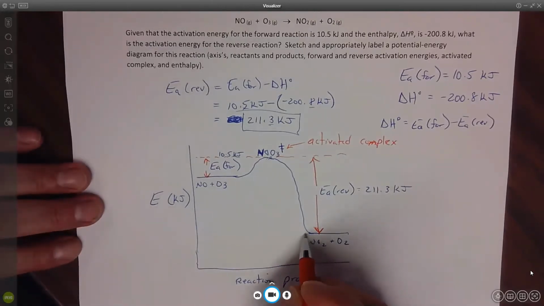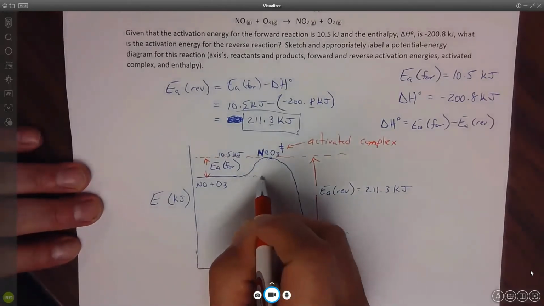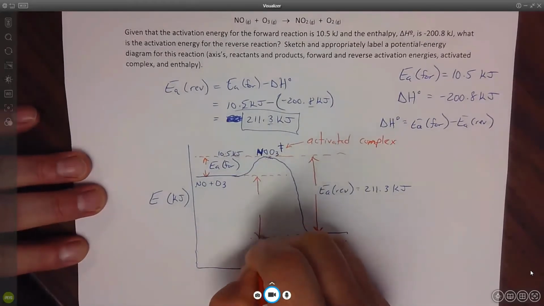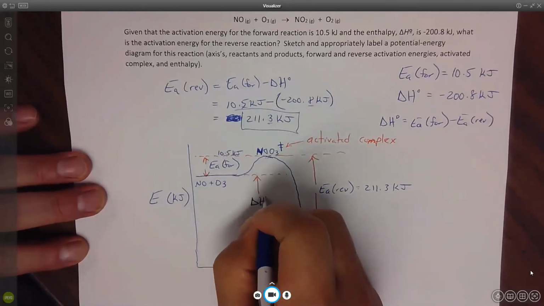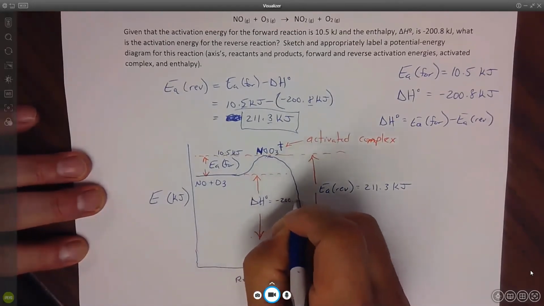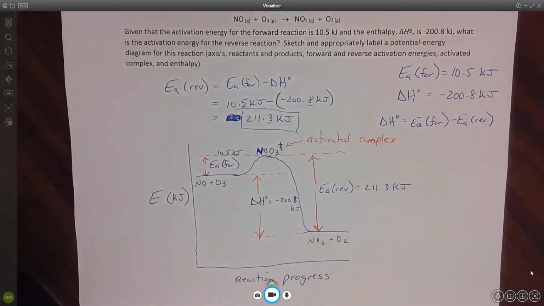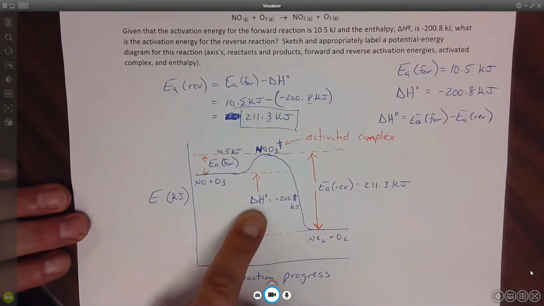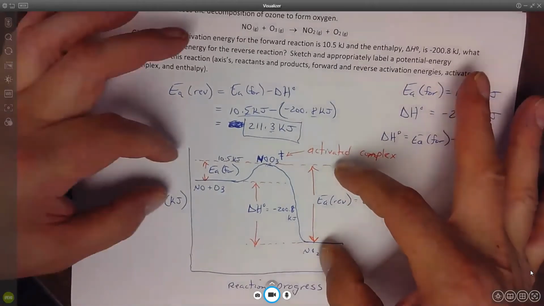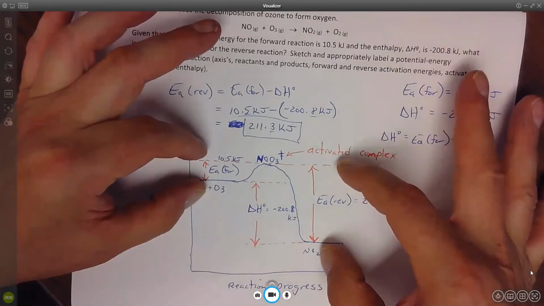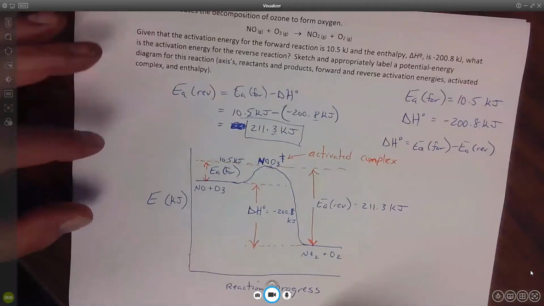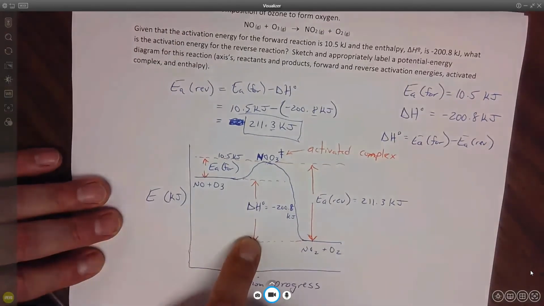So if this is the energy of the products and this is the energy of the reactants, this is the enthalpy change. So you can see how delta H is related. If this is the forward activation energy and this is the reverse activation energy, we take the forward minus the reverse, and that gives us this value here.